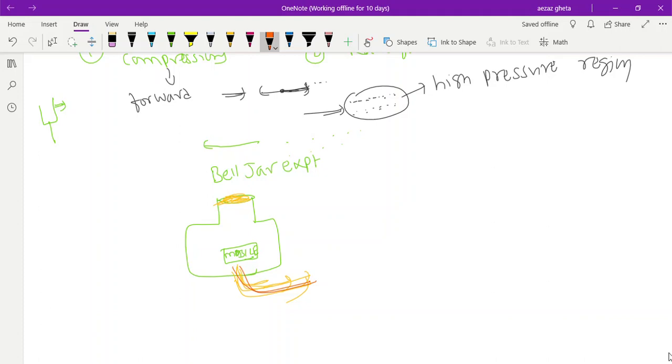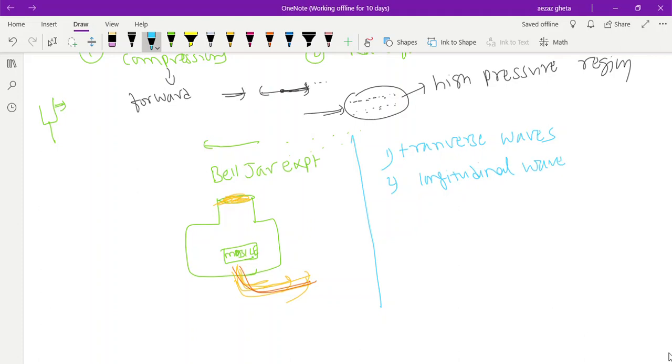Now we have two types of waves, called transverse waves and longitudinal waves.